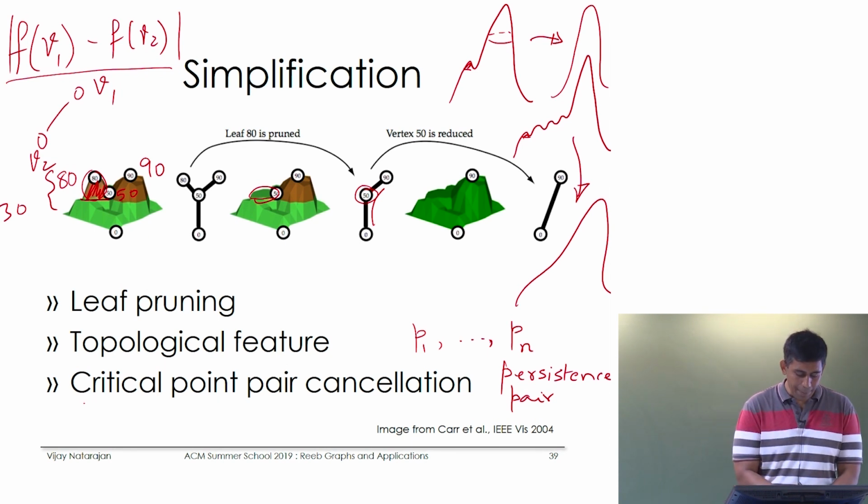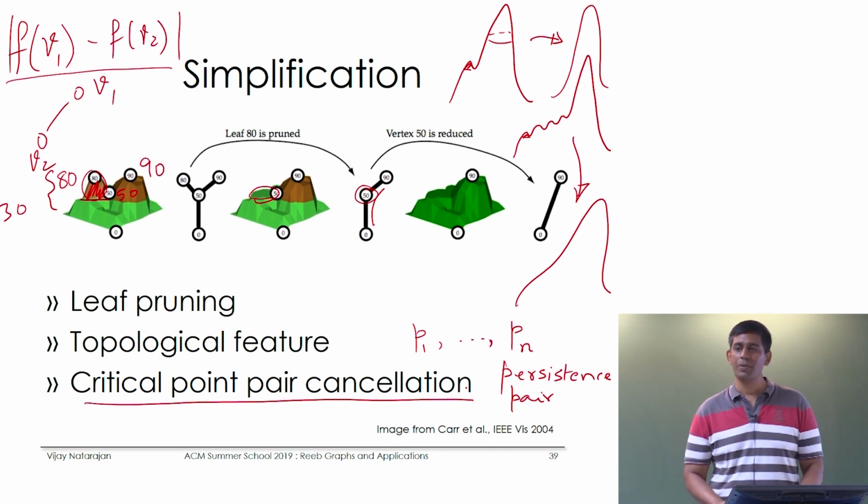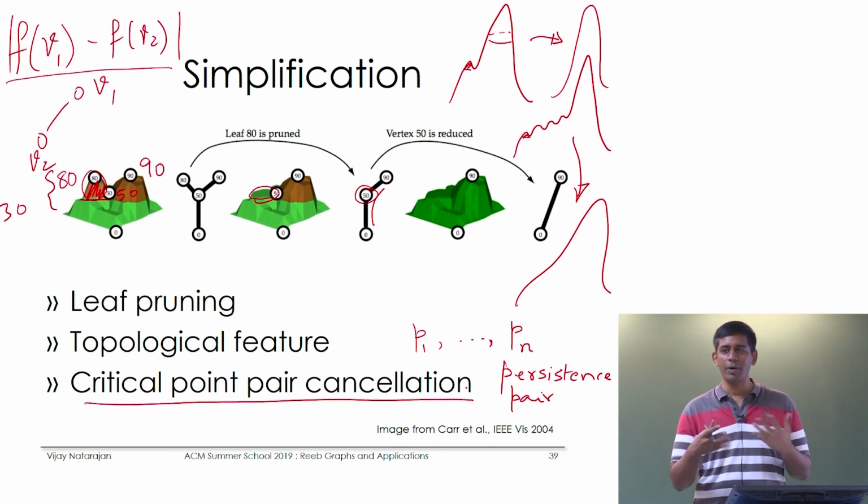And you can remove critical points in pairs. Remember, we cannot remove them individually, because if we remove them individually, what properties will suddenly start breaking?